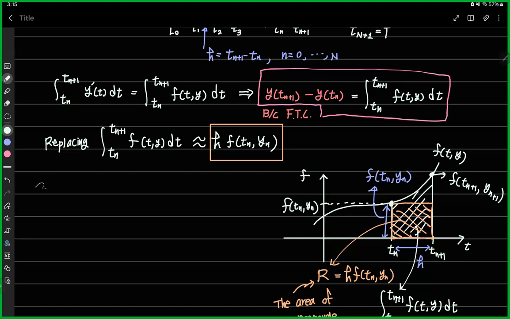Then we got this: y sub n plus 1 is equal to y sub n plus h times f of t n comma y sub n. That's the Euler method, actually. So this is the Euler method.